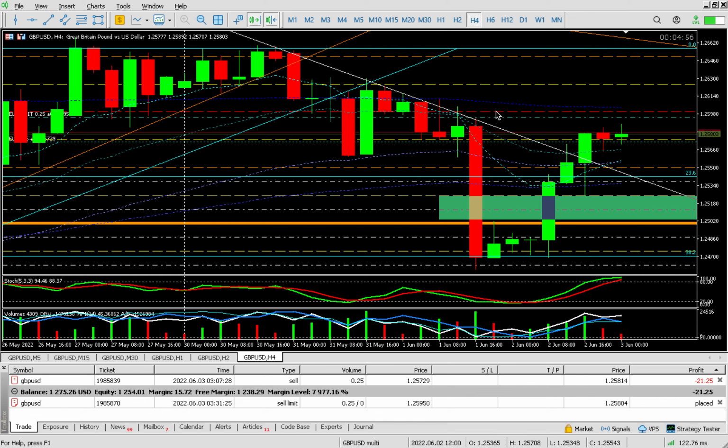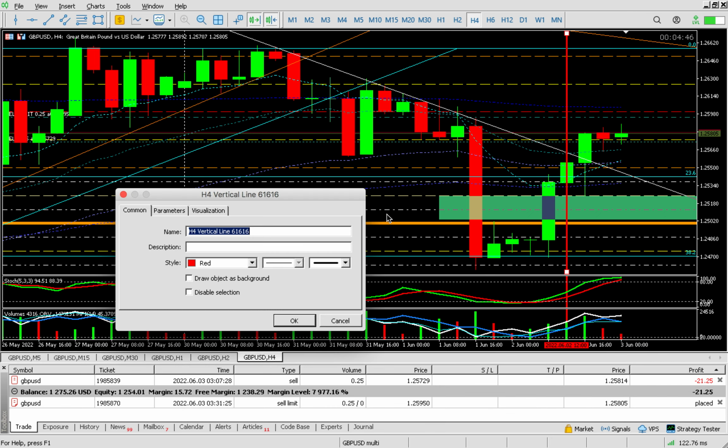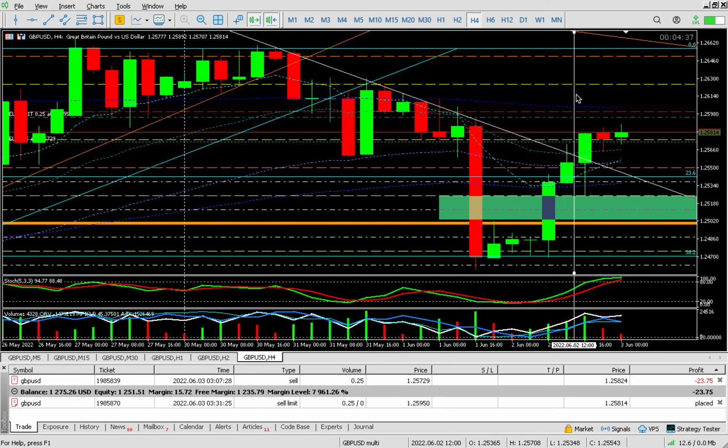If we zoom in on this area, to the left and right of this candlestick, if it'll let me. I don't think it will let me. That'd be about as good.